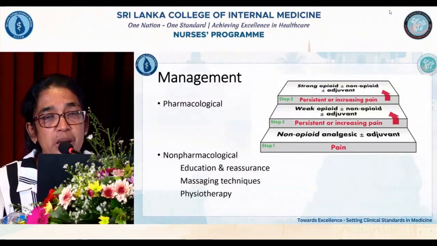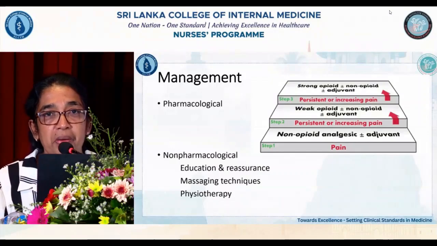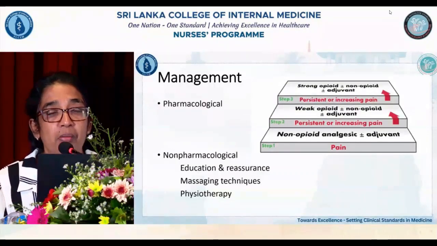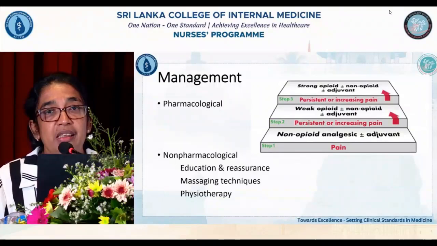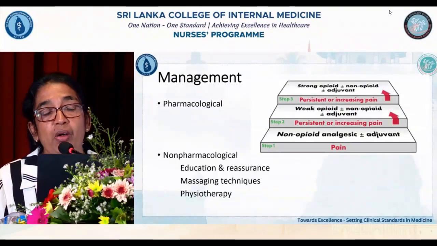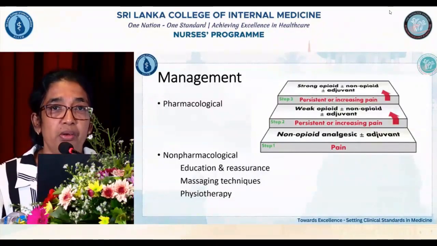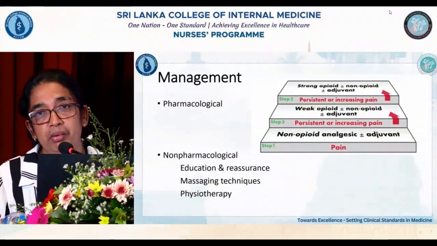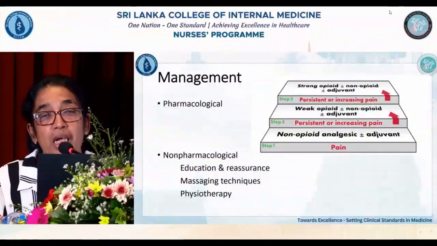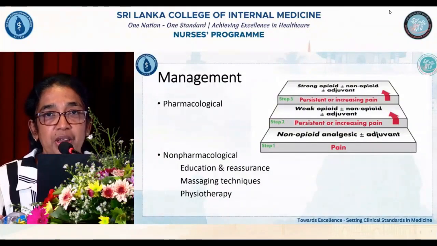If I'm having this pain, if my child is having this pain, if my mother, my colleague, or my relation is having this pain, and he or she was scolded by a staff member, how would they feel? The same applies to the patient. So empathy and compassion are the two main components in pain management as well.